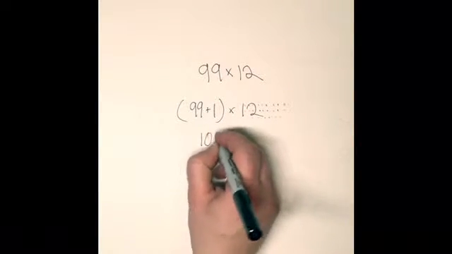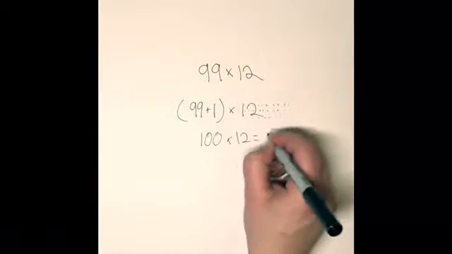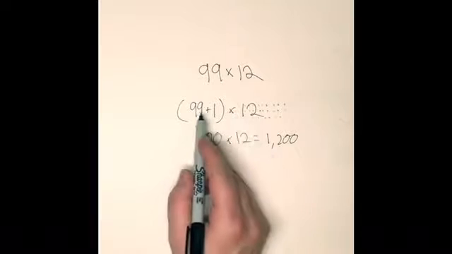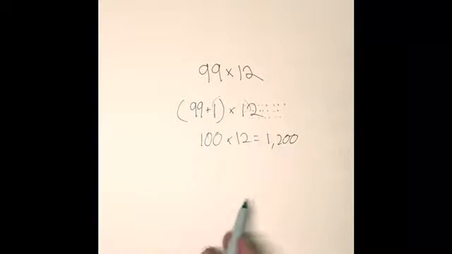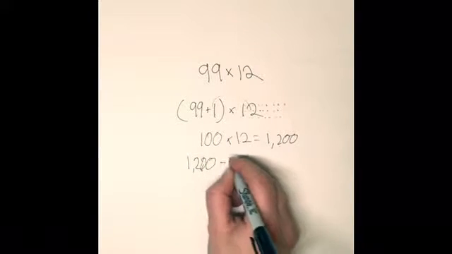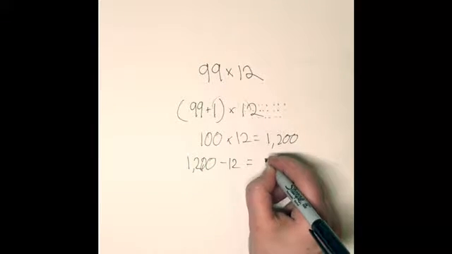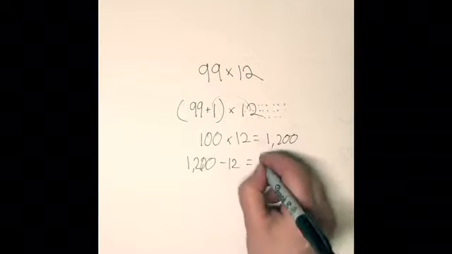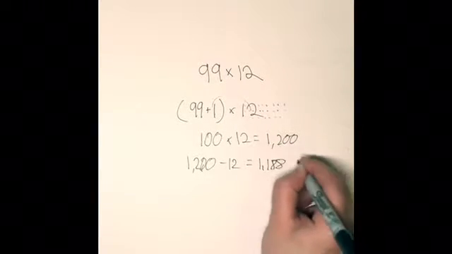And if they have 100 times 12, that would give them 1,200. And that 1 being multiplied by 12 would then need to be subtracted from their final answer, and that would give them the final answer of 1,188.